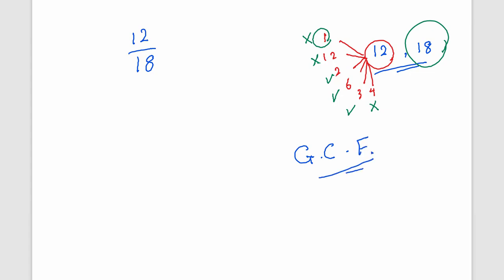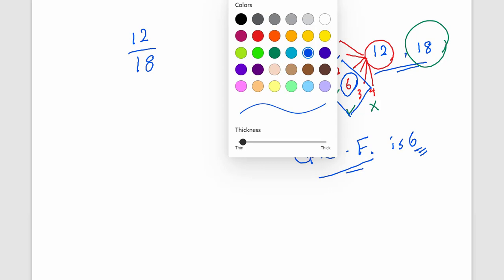The greatest one here among 2, 3, and 6 is 6. So I can divide by 6 to make it in only one step.